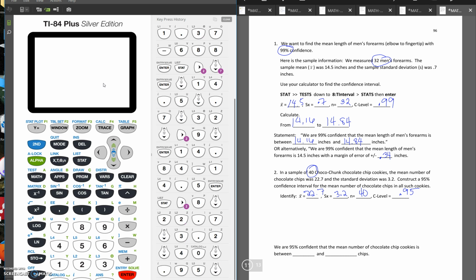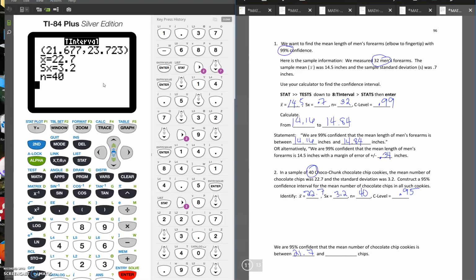So we're going to hit calculate, and we see that we are 95% confident that the mean number of chocolate chips is between, we're going to round to one decimal place, 21.7 and 23.7 chips.